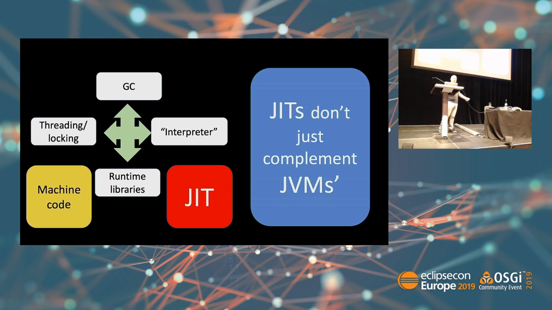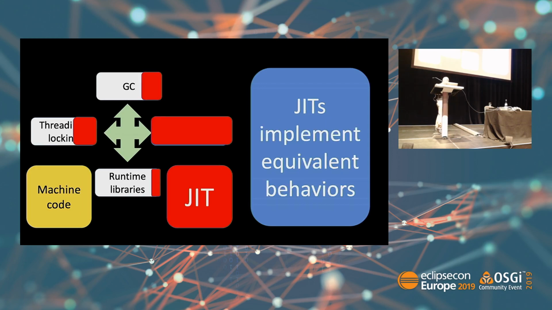That's what it does, but JITs do more than that. JITs inline, enhance, replace some of the critical parts of a VM. Okay? It doesn't just sit on the side, it does other things as well. So it has a real symbiotic relationship. And in fact, what the JIT does, it ends up generating machine code, which has that relationship. So at the end of the day, your machine code has a tighter relationship with the JVM than perhaps you realize. Okay?